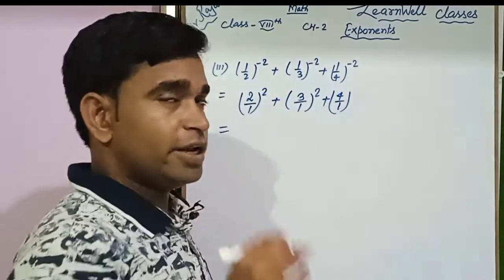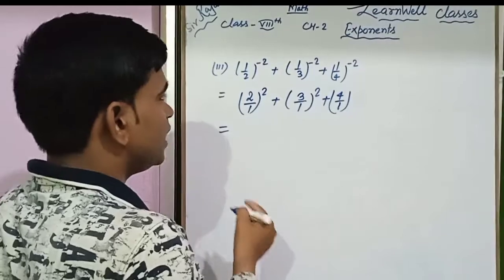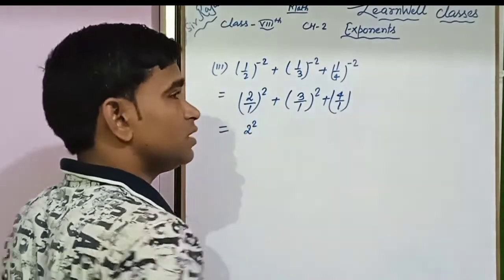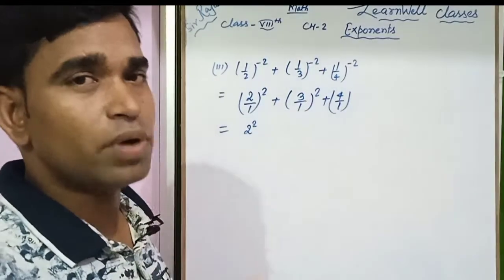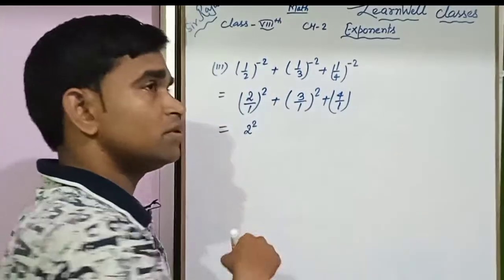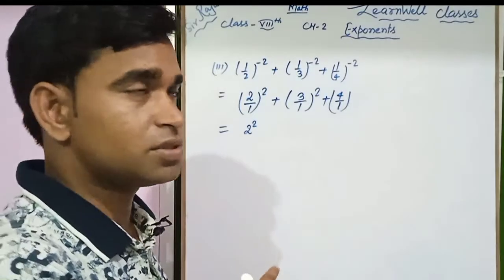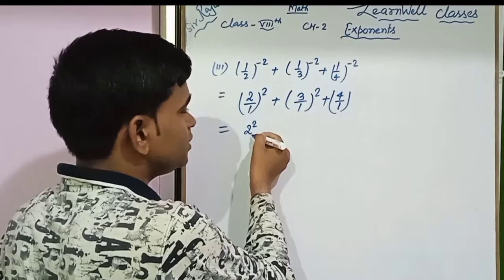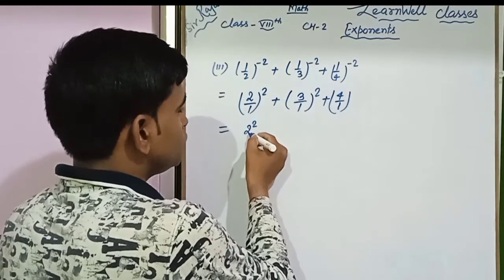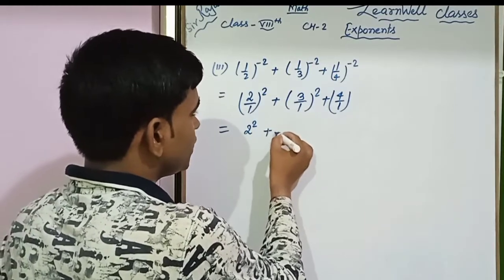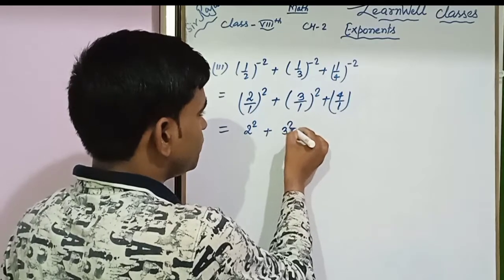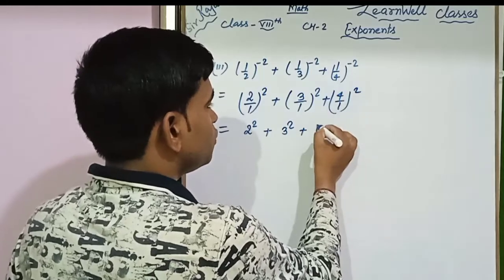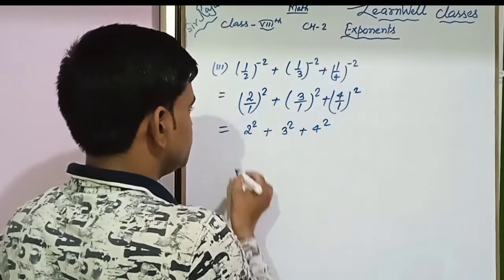When the denominator is 1, we write that number, because when 1 is divided into that number, the quotient is the same number. It means 1 divided into 2 gives the quotient 2. So 2 raised to the power 2 plus 3 raised to the power 2 plus 4 raised to the power 2.